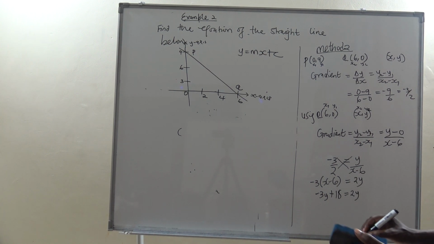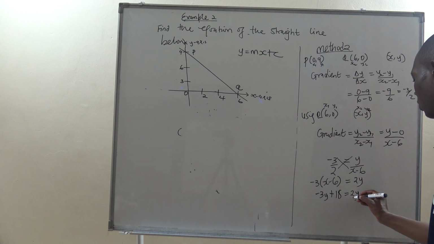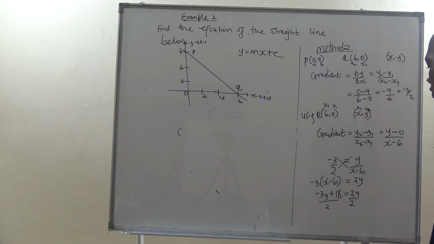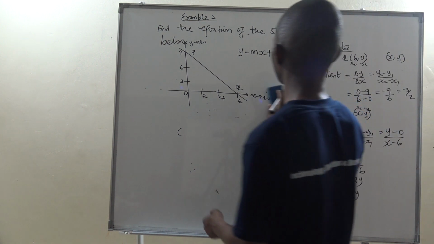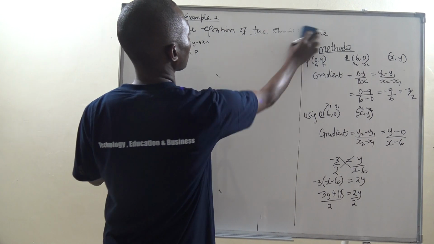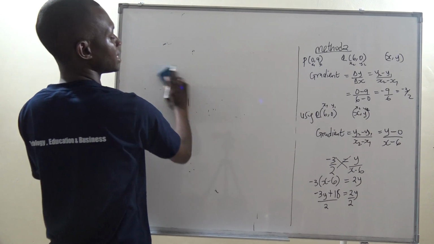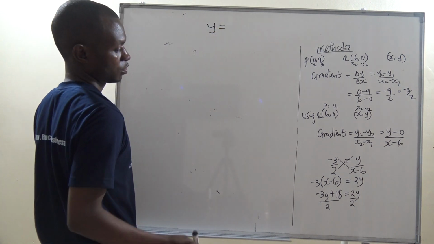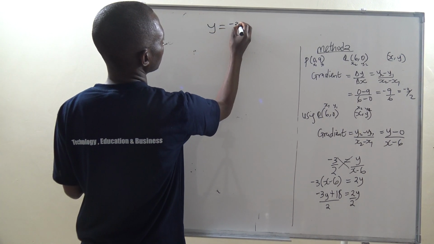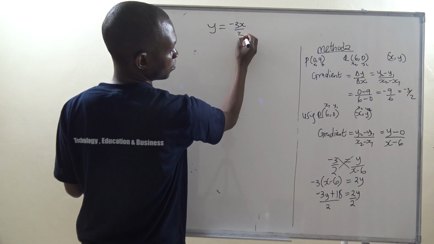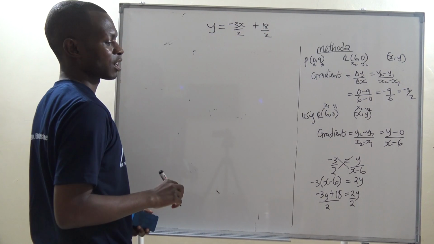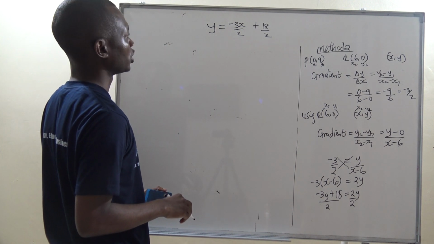Since I told you that we are making y the subject of the formula, we are supposed to divide by 2 on both sides. Divided by 2, divided by 2. So we shall end up getting our equation of the line as y equal to negative 3x over 2 plus 18 over 2, because 2 is covering everything on the numerator.